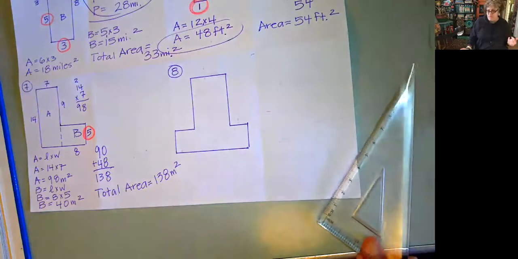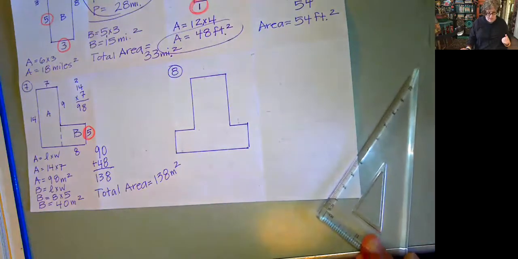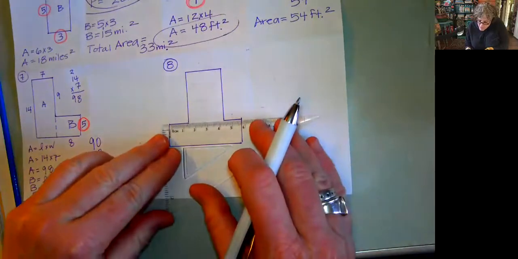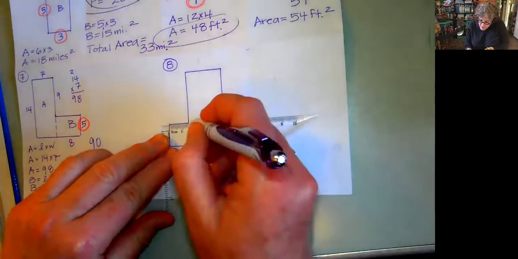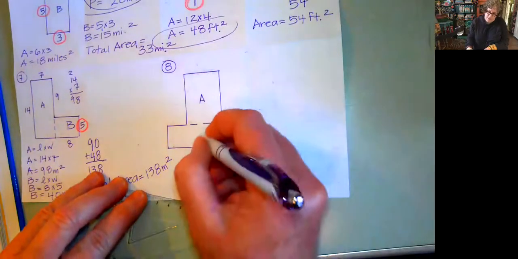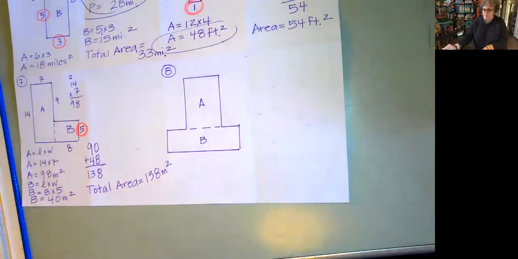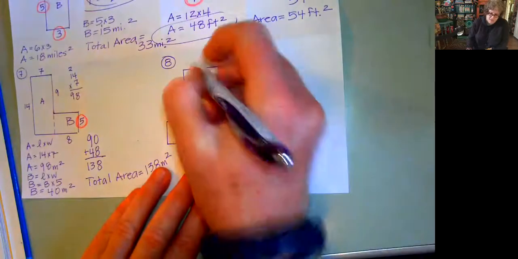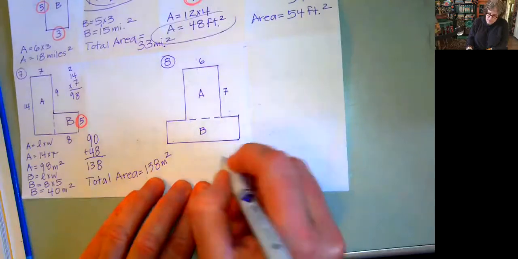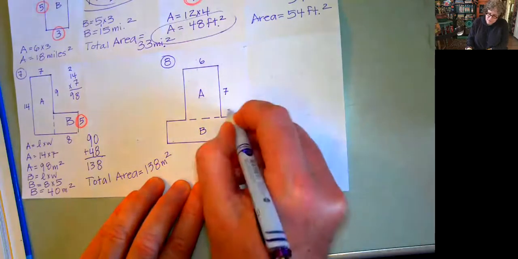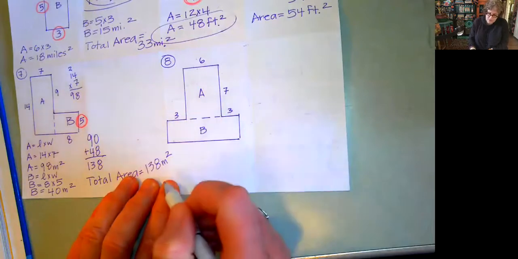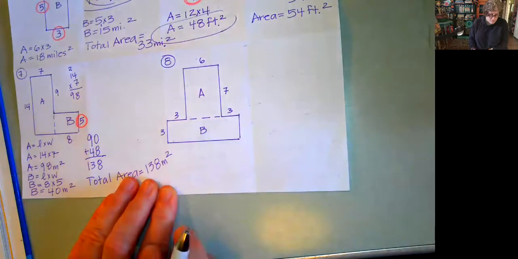Now, I'm going to do this the obvious way. For me, I think just going like this and putting a line across here and calling this shape A and this rectangle B is the ticket. This is 6. This is 7. This right here is 3. This right here is 3. And this right here is 3.